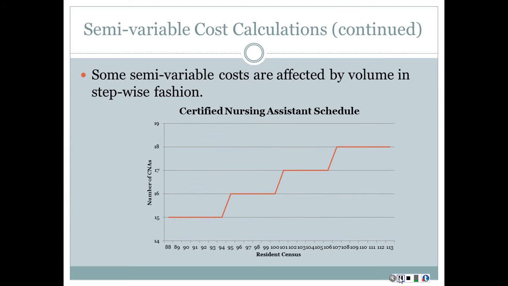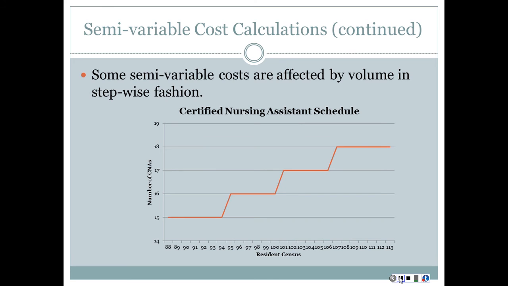Semi-variable costs also can be affected by volume in a stepwise fashion. In a nursing home that I was administrator at, we had 15 nursing assistants that took care of the day shift residents. But when we had more than 94 residents, we bumped up to 95 residents, it was very difficult for those folks to do a good job caring for that many residents.